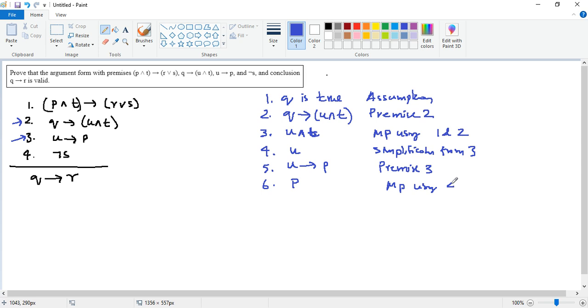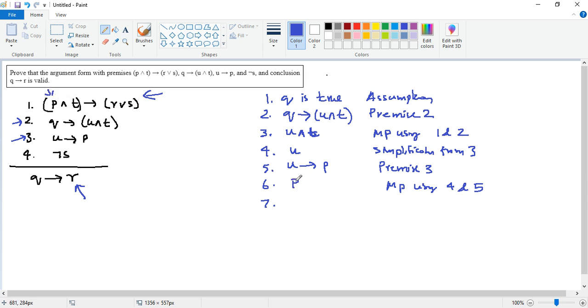Now, if P is true, our goal is to prove that R is true. So look at where we have R. We have R in this first premise. In that first premise, I already know that P is true.